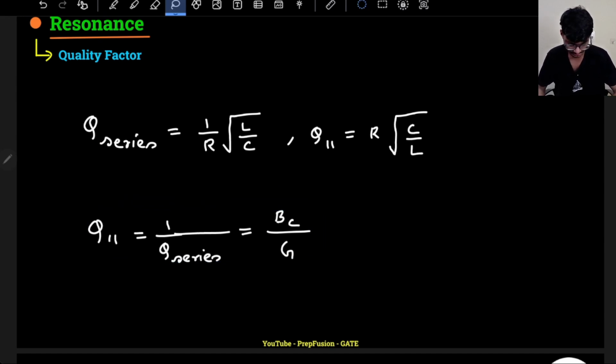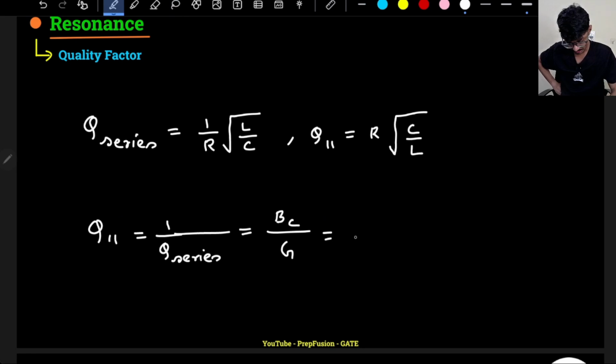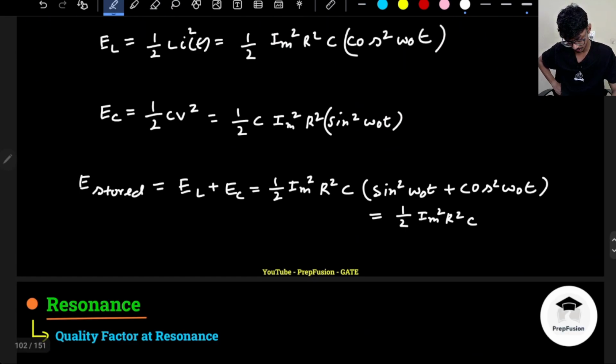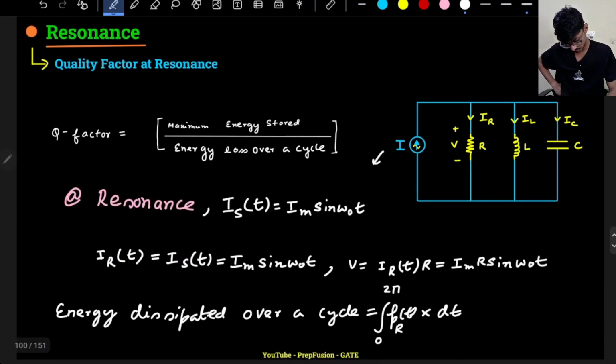If I multiply voltage on both sides, voltage into BC, because voltage is common, it is a parallel circuit, so voltage will be common, right?